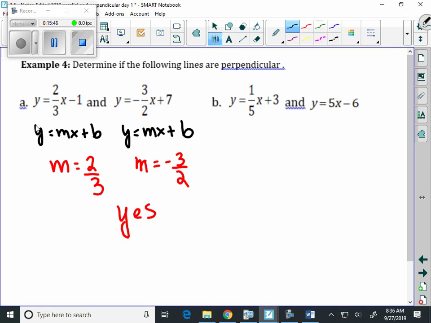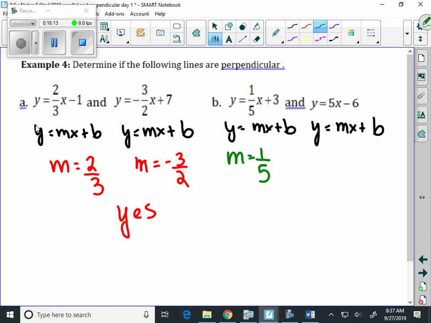Letter B. We can identify our slope on the equation to the left because our slope is the number in front of the x, as long as the equation is solved for y. But on our equation, oops, they are both solved. I misread that. Y equals mx plus b here.